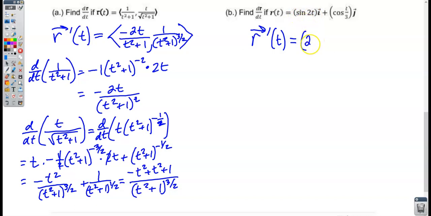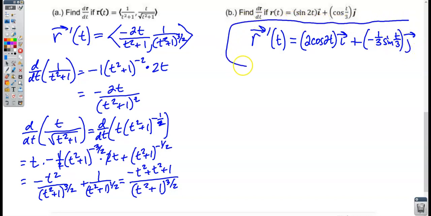Derivative of sine of 2t is 2 cosine of 2t. And then the derivative of the component with our j vector is going to be negative 1/3 sine of t over 3. And there is our derivative vector for the vector-valued function r of t.